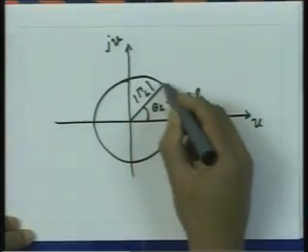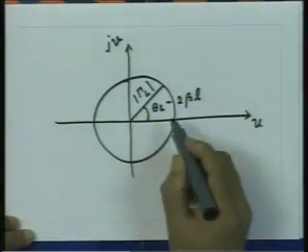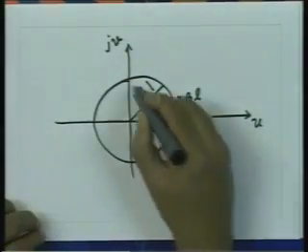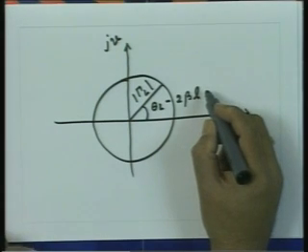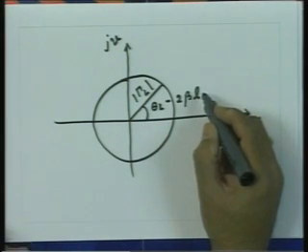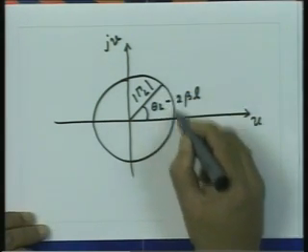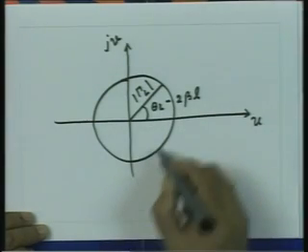So, the point essentially moves on this circle in the clockwise direction. The movement on the transmission line by distance L is equal to a rotation on this circle in the clockwise direction.